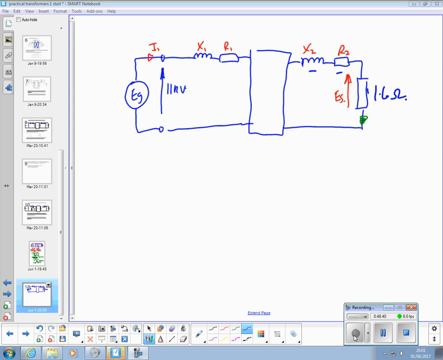We've got to use the transferring impedances method. ZL. How do we transfer ZL across to the other side? How do we transfer impedances?